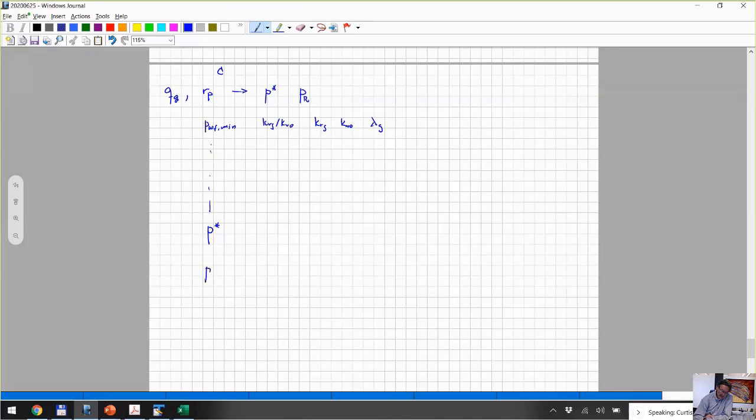So out here, if that's greater than P star, then you're going to have potentially, so this would be your region 2, this would be your region 3, and all of this would be region 1, right?